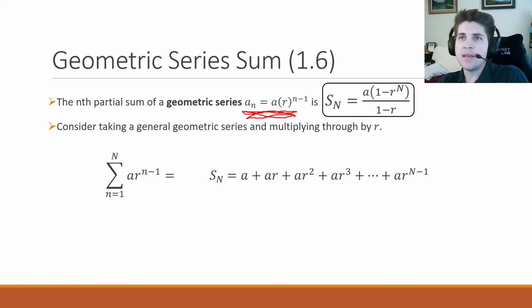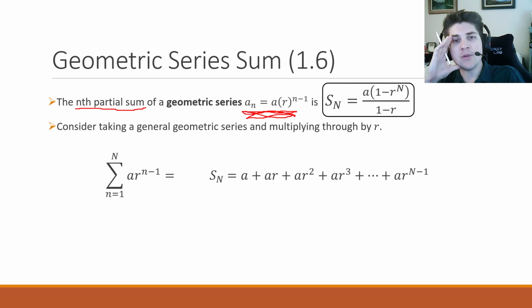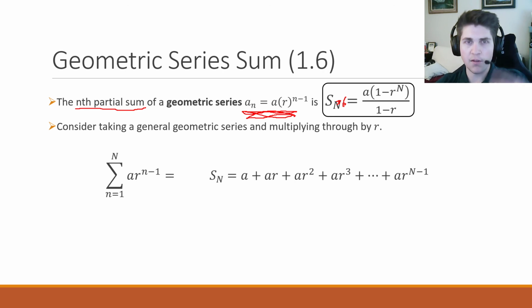But all that means is that, applying this to finance, if we have an annuity with say 36 payments, we want to figure out, well, what's S sub 36? What's the sum of the 36 payments? Like in the case of A, the annuity, we want to find the sum of all of those present values, which would give us the present value of the annuity.